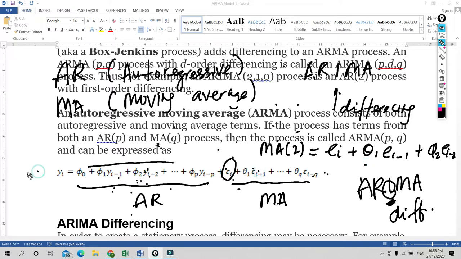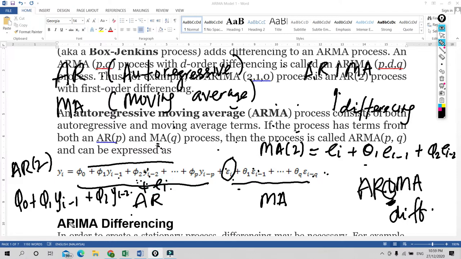Now let's say I want to write AR(2). AR(2) is equal to phi 0 plus phi 1 y_{i-1} plus phi 2 y_{i-2} plus epsilon_i.